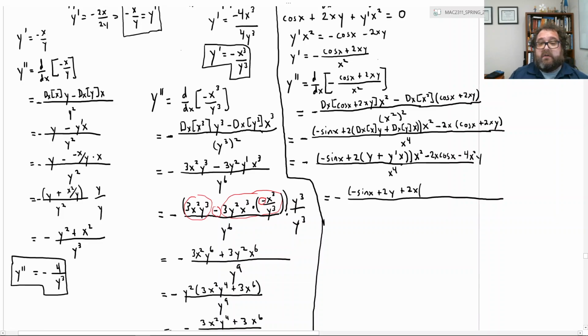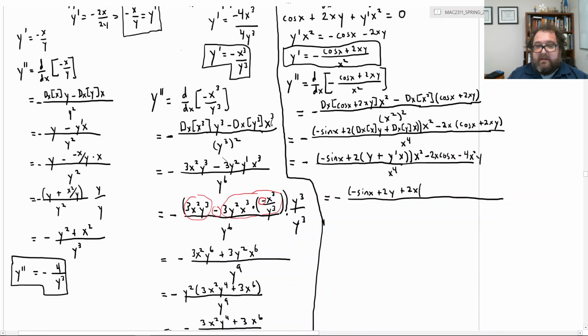Y prime is up here. There's y prime. Let me just box it off so I don't mess up when referring to it. Y prime right here. Okay, so I need to substitute that in.